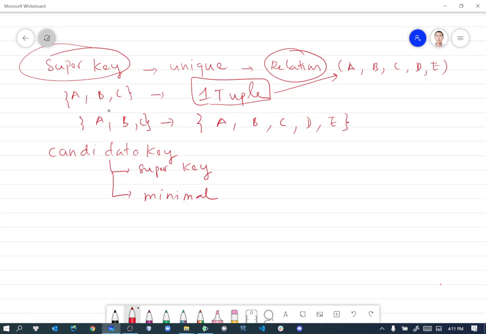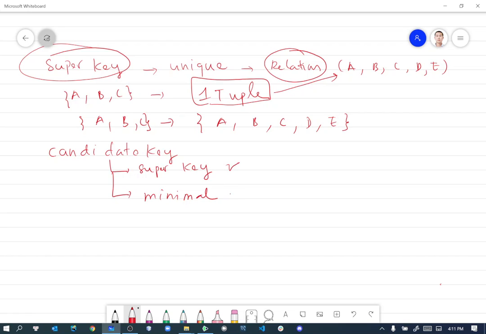That set of attributes determines all the attributes inside that relation. Because given one set of attributes from here, you can find only one tuple. One tuple means one value for A, one value for B, one value for C, one value for D, and one value for E. That is the condition for a super key.